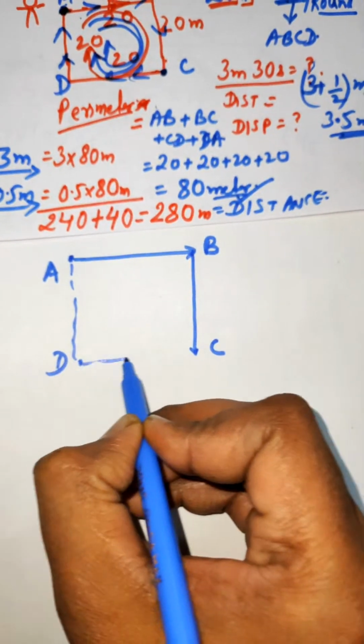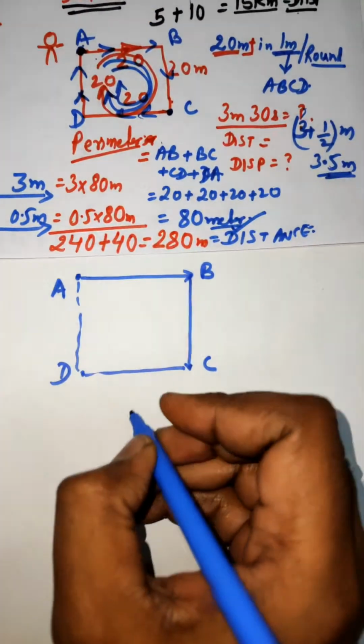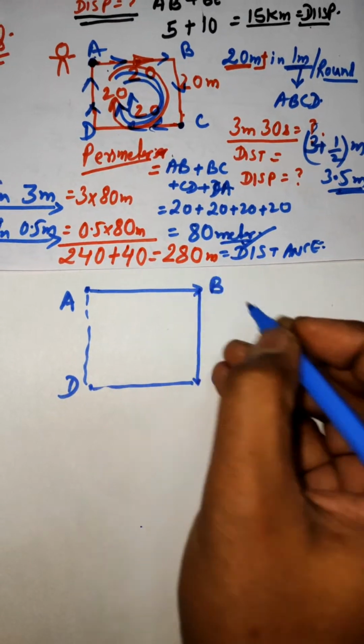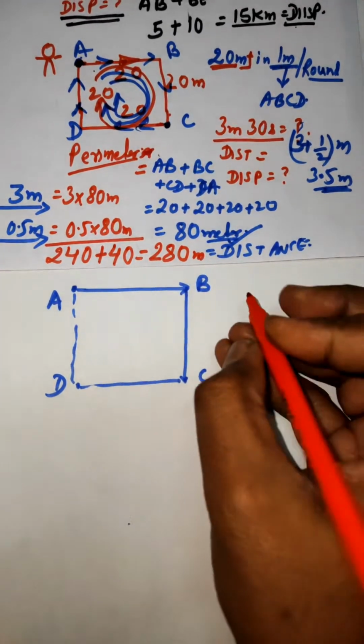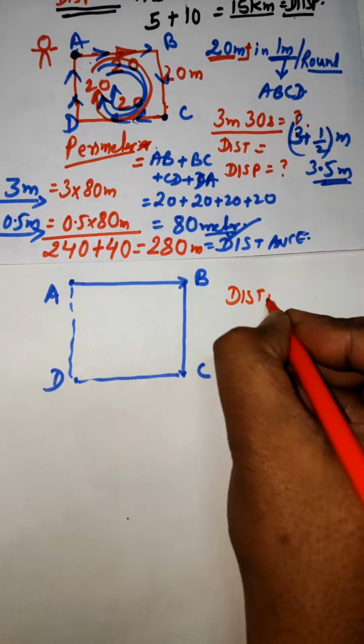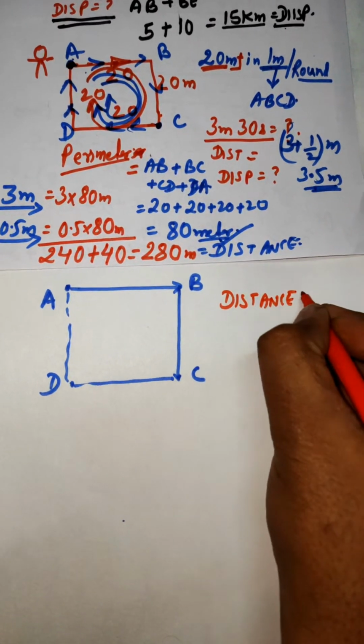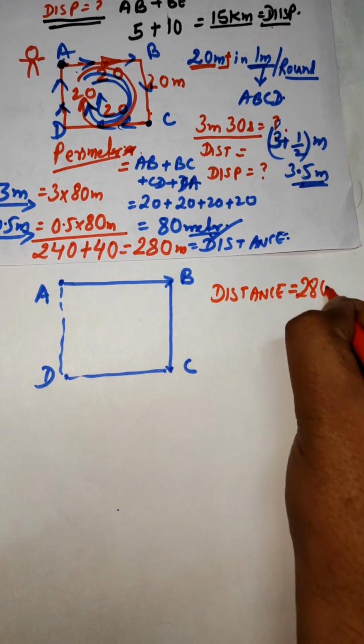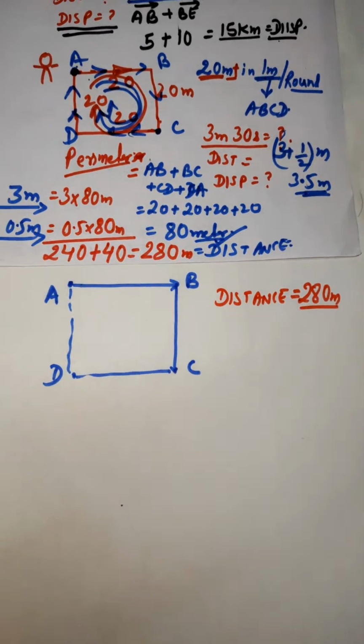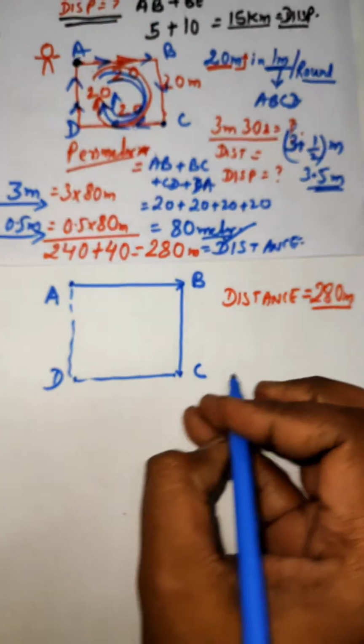So this is the square park. So from the above question, we have calculated the distance. So the distance I am writing over here, just writing the answer, is 280 meters, right? Displacement.